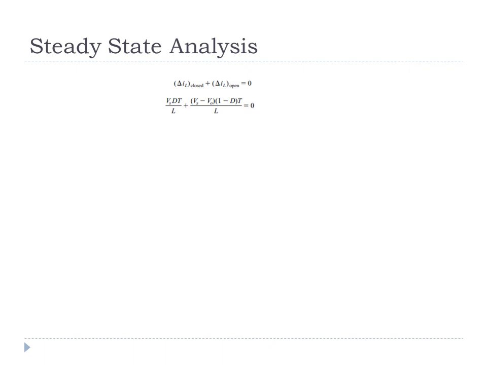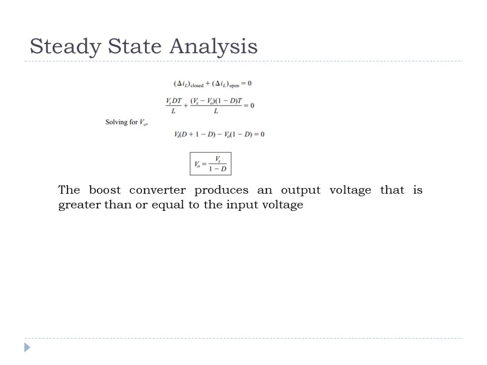We'll substitute the values and we can solve the expression for the value of V naught, which comes out to be Vs upon 1 minus D. So we know that duty cycle here is T on upon T, which is less than or equal to 1. So output voltage will always be greater than the supply voltage in case of boost converter. So boost converter provides the output voltage which is greater than the supply voltage.